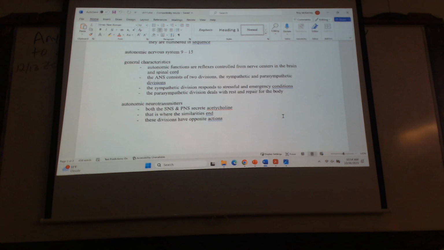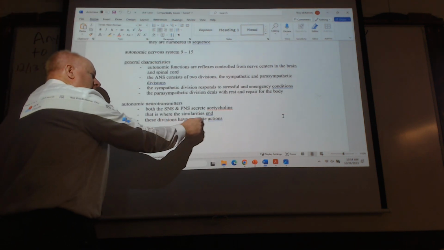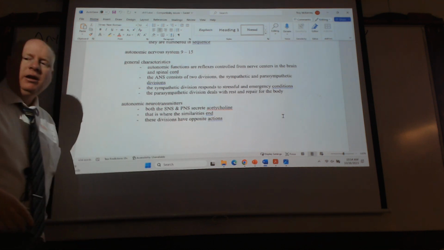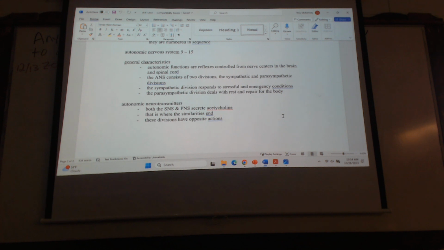Your heart rate, okay? Well, if that's going up because of hormonal action, we also have to have a way to bring that back down, and that's why these have opposite actions, okay? You're still secreting acetylcholine, but that's the only similarity that they would have in common.